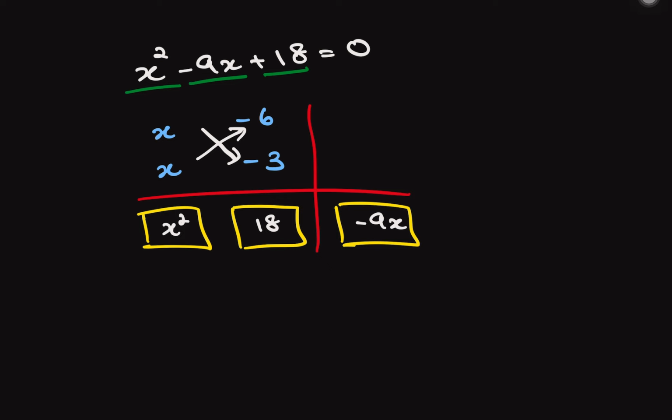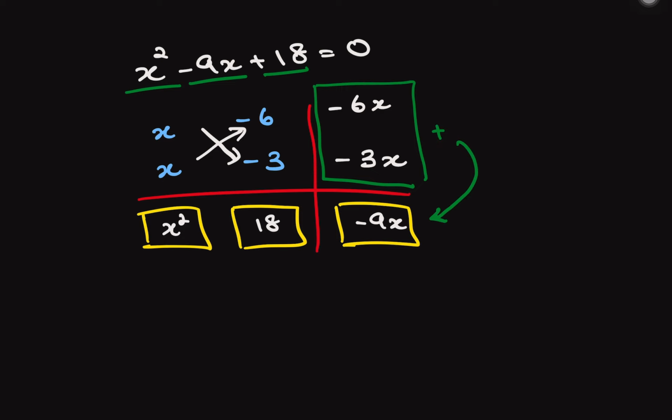and we will get x times negative 6, we get negative 6x, and x times negative 3, we get negative 3x. Next, we check whether the right hand side, when we add them up together, we get negative 9x.